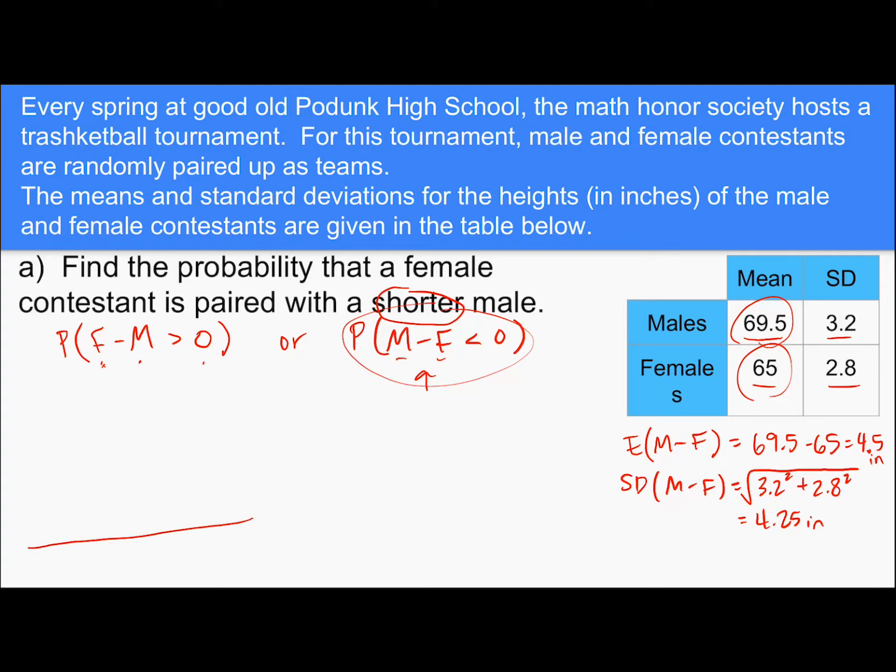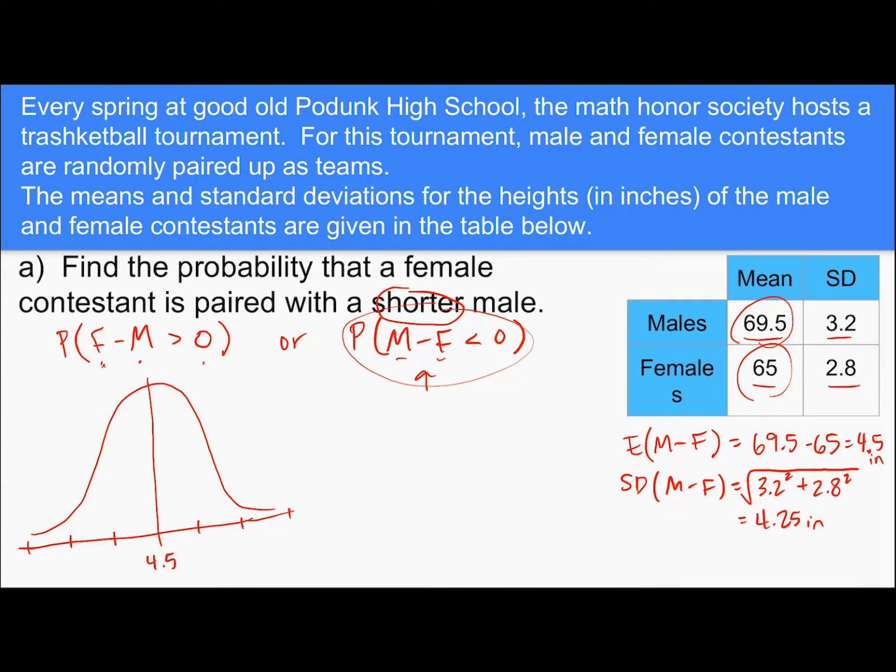Next step is we are going to normal model. We are assuming, I think it says it somewhere on your paper, perhaps later, but it does tell us that male and female heights are normally distributed. So the combined is still normally distributed. So again, we have our mean 4.5, 3 standard deviations-ish either way.